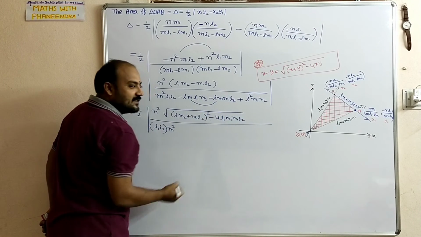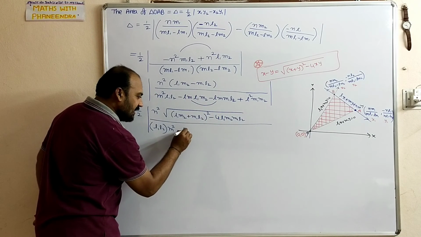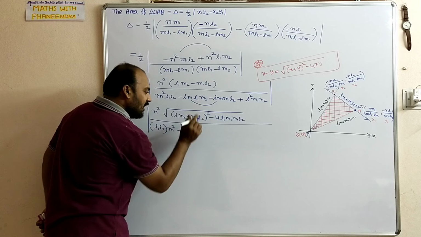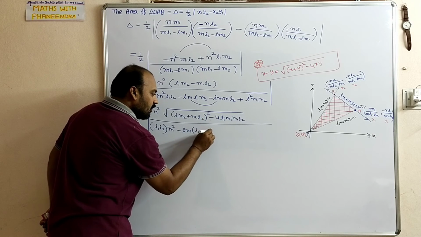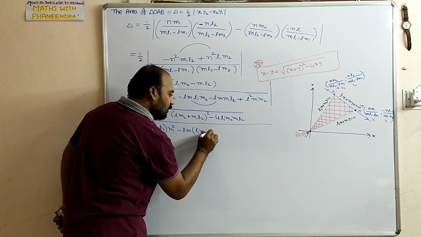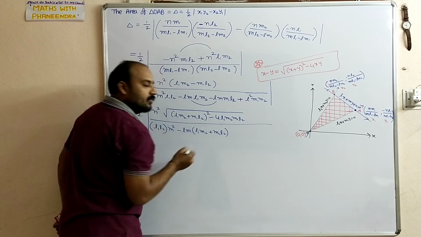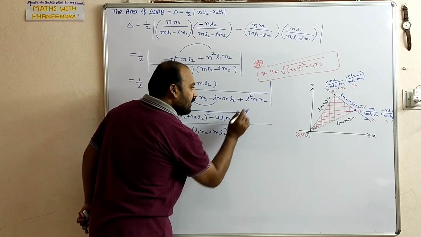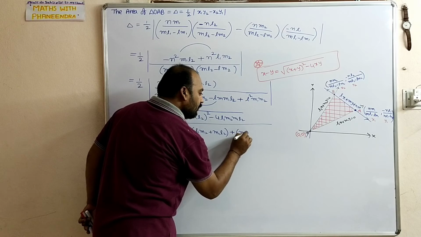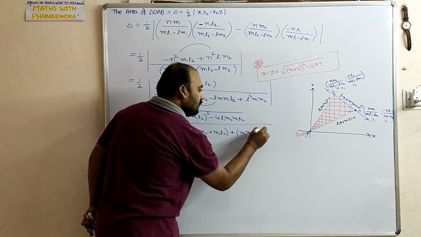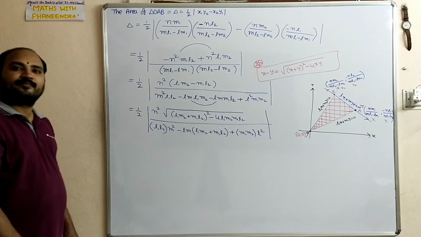From these two, minus LM I am taking common: minus LM into L1 M2 plus M1 L2, plus M1 M2 into L square, bracket close.